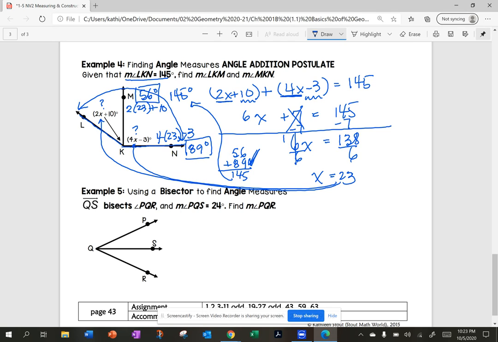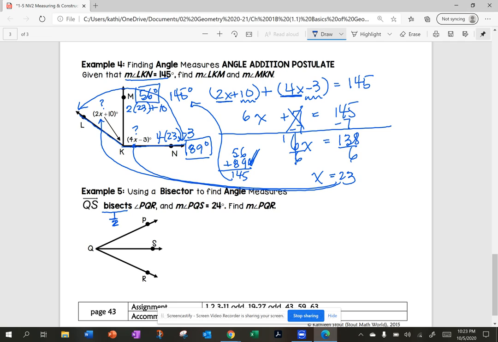Okay, last example. Using a bisector, find the angle measures. QS bisects angle PQR. Bisects means I'm going to cut in half. So this is like the midpoint of an angle, which is like a midpoint of a segment. So angle PQR and the measure of angle PQS.